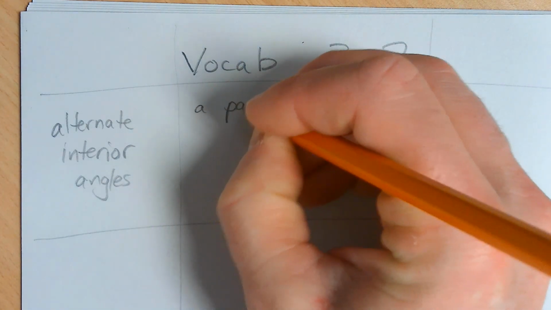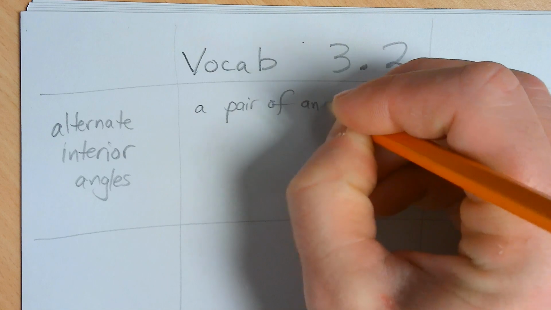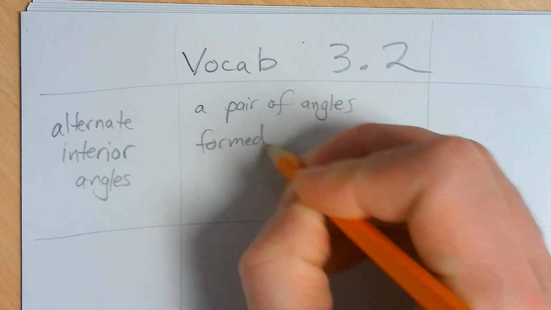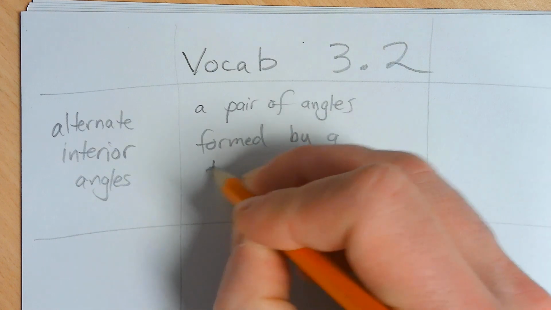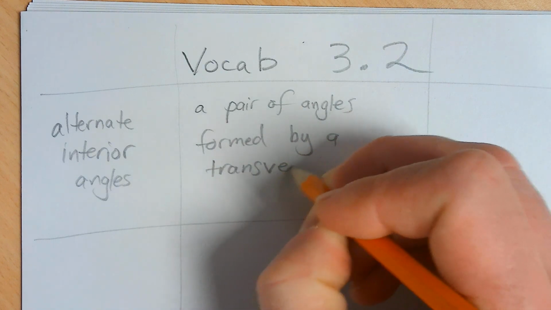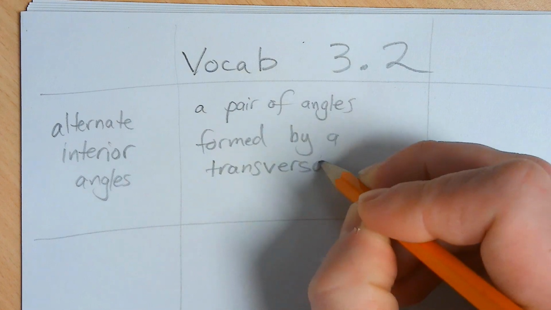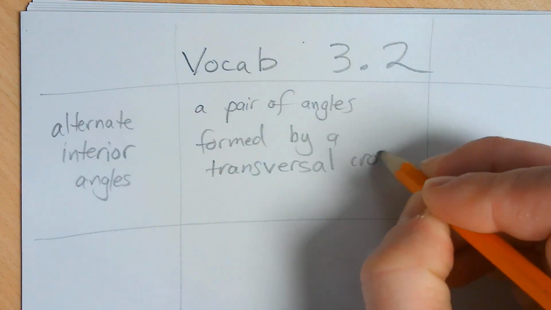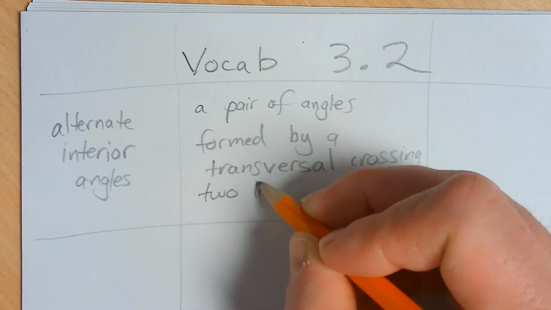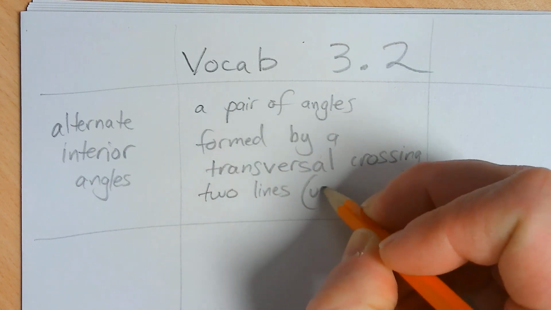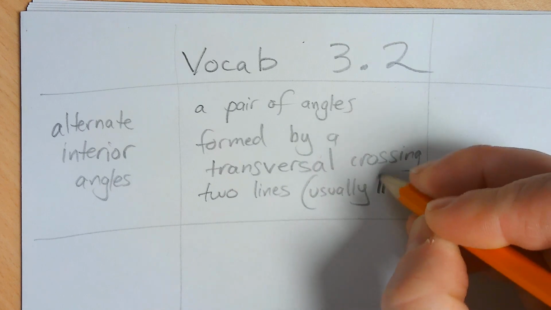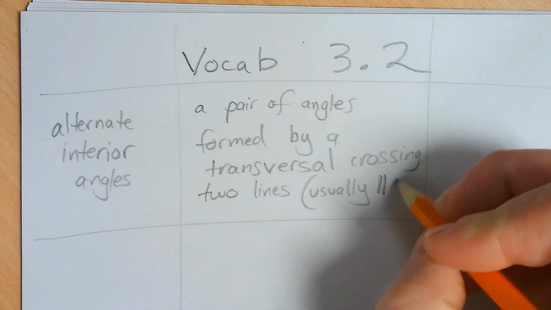A pair of angles formed by a transversal crossing two lines, usually parallel lines. Parallel lines.